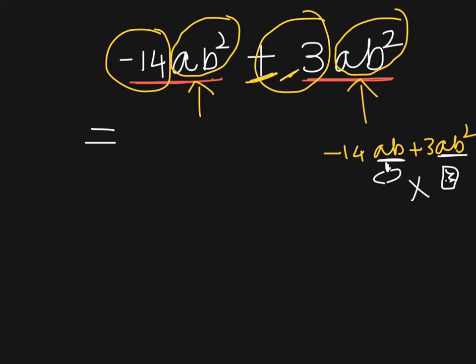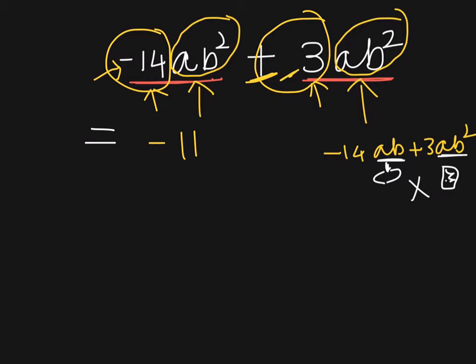So you always know you have two different numbers having two different signs. You always have to subtract the smaller number, which is 3, from the bigger number, which is 14. So 14 minus 3 is 11. So we'll write 11. But what will be the sign of this number? The sign of this number will always be the sign of the bigger number. Here it is minus. So minus 11.